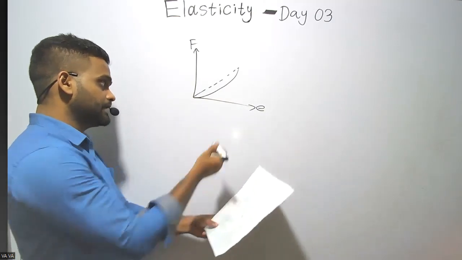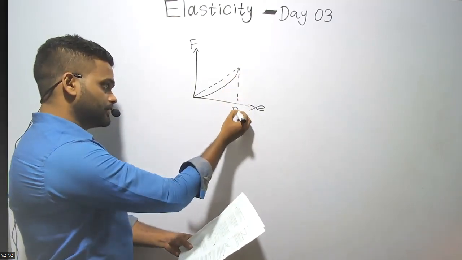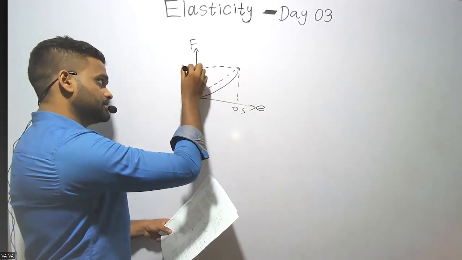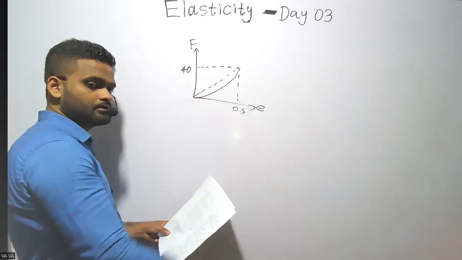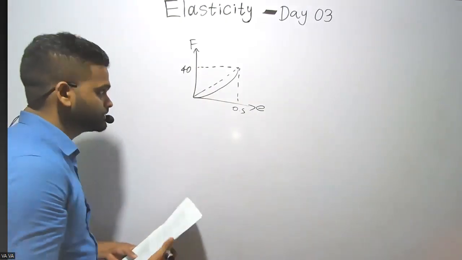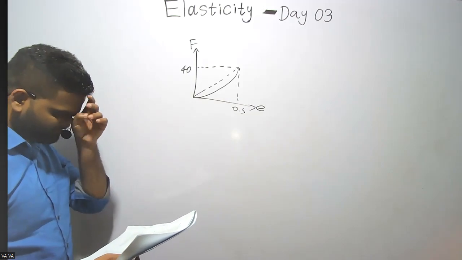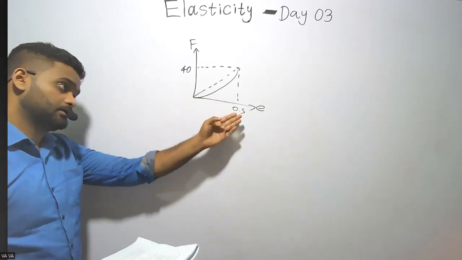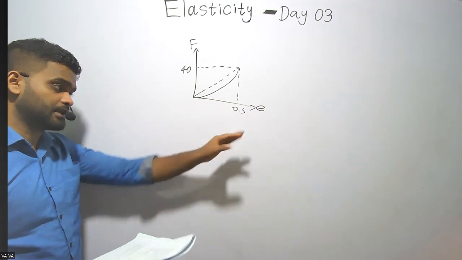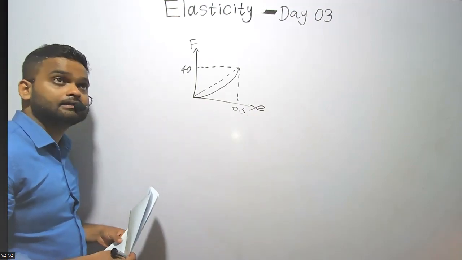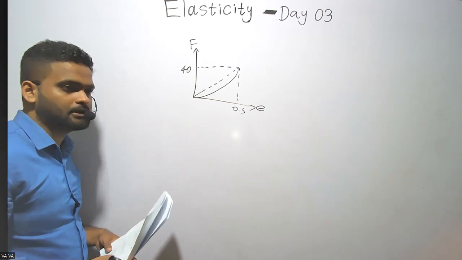The extension is, they say, 0.5, and at that extension the rubber strip gains 40 Newton. The required force is 40 Newton to give this amount of extension. 0.5 means that is in meters, right? So it is a 50 centimeter extension, which is only possible in materials like rubber.